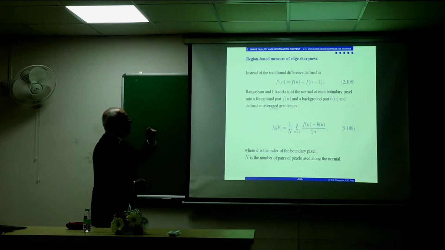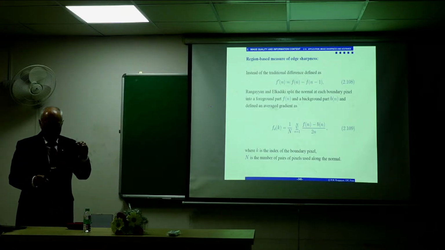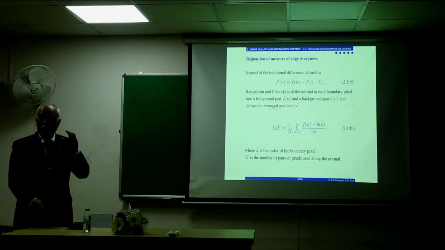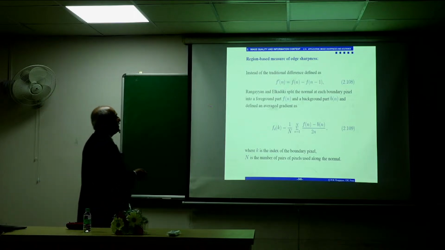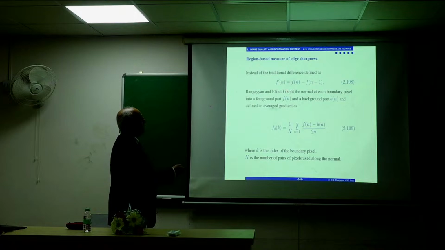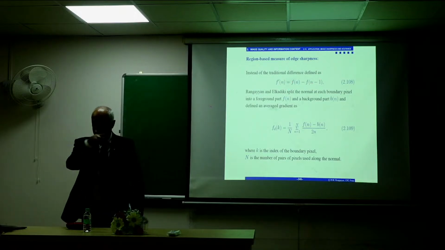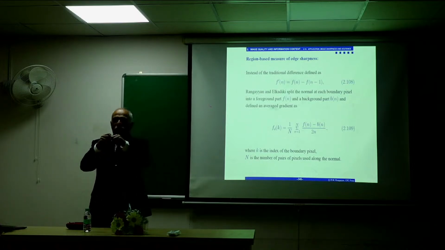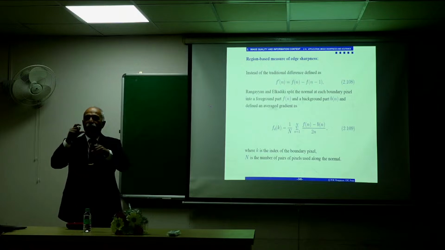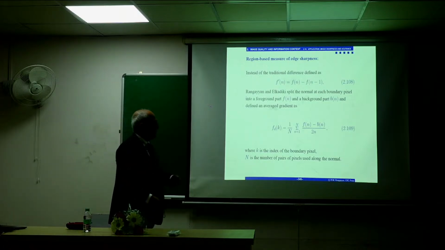So we said we want to get a measure of the sharpness of the edge of objects such as tumors. So instead of using the traditional difference, as we call it, derivative or first difference, Fn minus Fn minus 1 in a single row, we said you jump across the edge. What is inside the object and what is outside, at multiple scales or multiple distances.